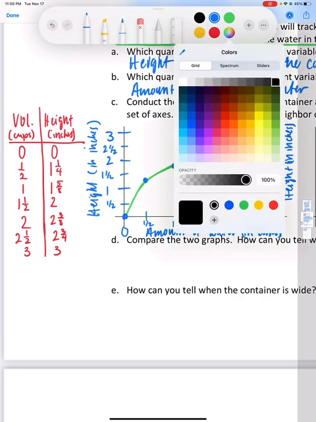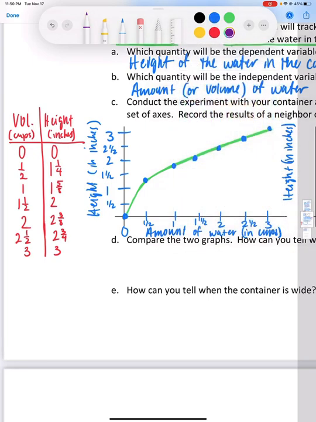Another interesting part is finding these common differences between them. So how much height is gained for every half a cup. So with this one, we know that it's actually 1 1/4, so 1.25 inches. You can go decimals or fractions. I'd like to do both, but let's just go fractions here for a second. Between 1 1/4 and 1 5/8. So 1/4 is the same as 2/8, so the difference is 3/8.